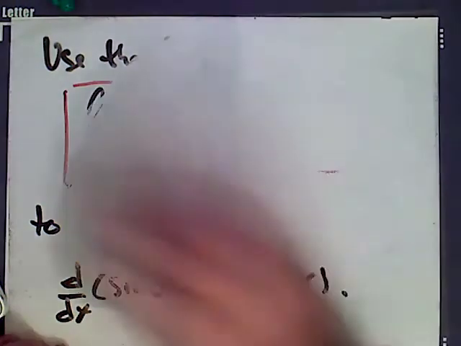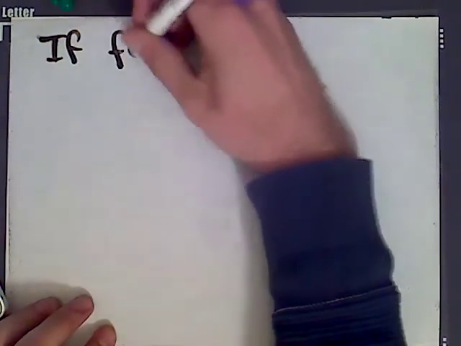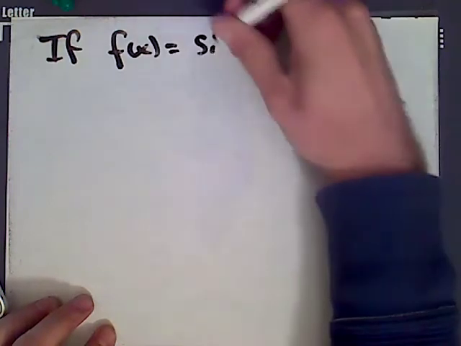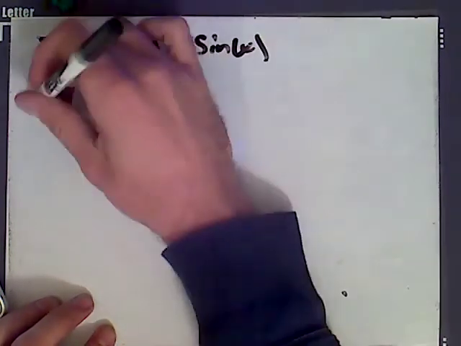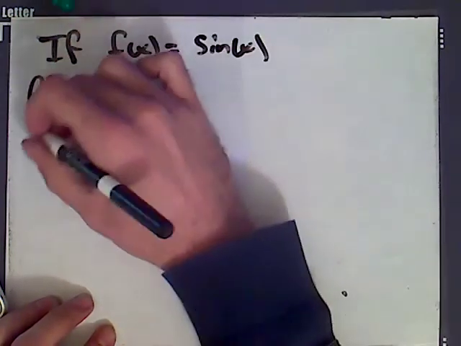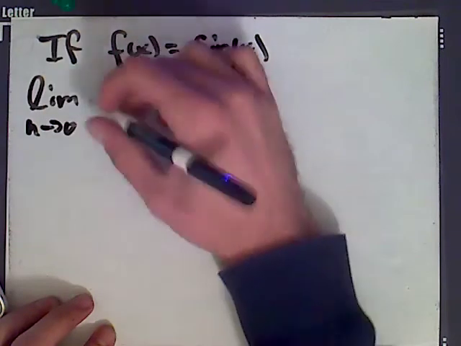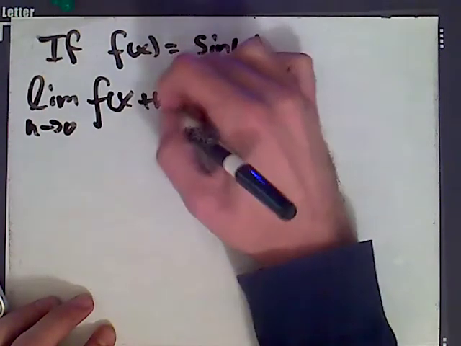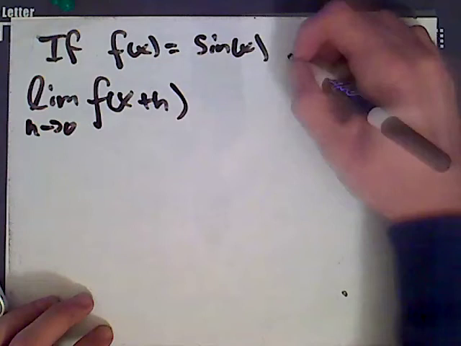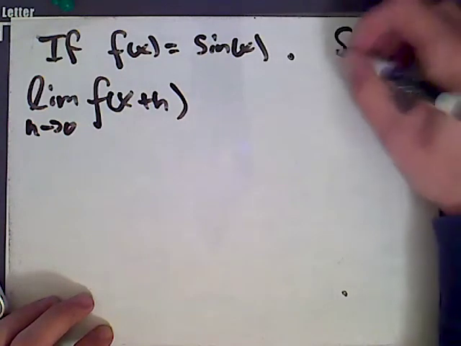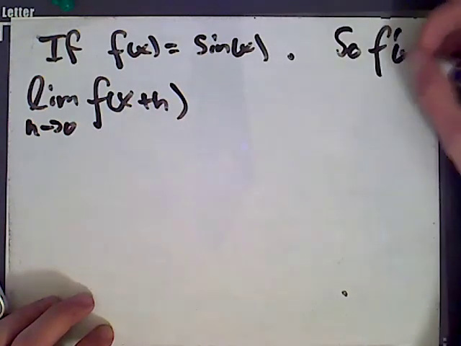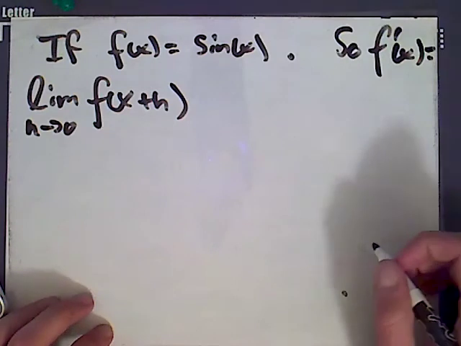Let's apply the definition of the derivative. We have that if f of x is sine x, then the limit as h goes to 0 of f of x plus h. Let me describe what we're doing here. We're getting the derivative using this limit definition.